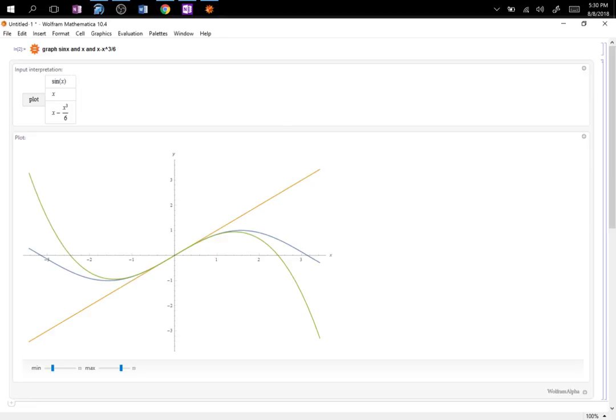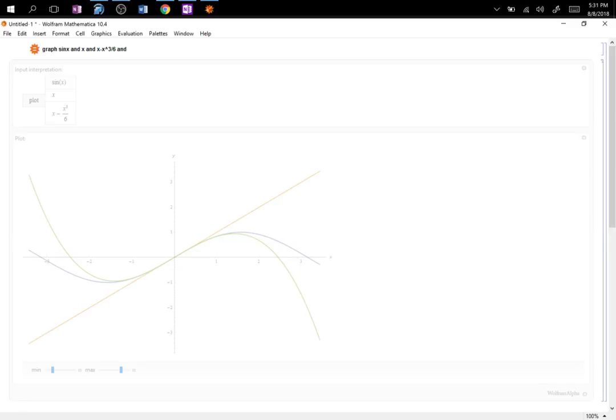Now, obviously, what's going to happen when I add another term? It's going to get even better, right? So now, I'm going to go back to the problem. I'm going to copy this and say, and Control V plus x to the 5 divided by 120.